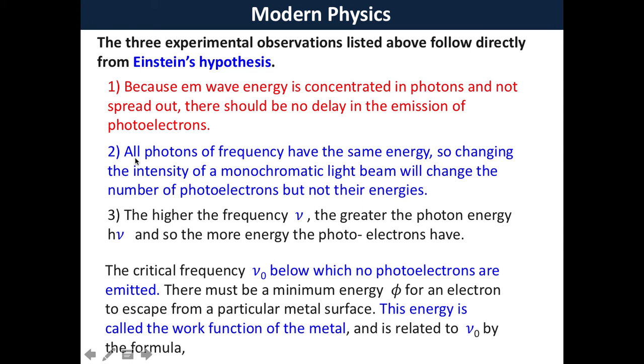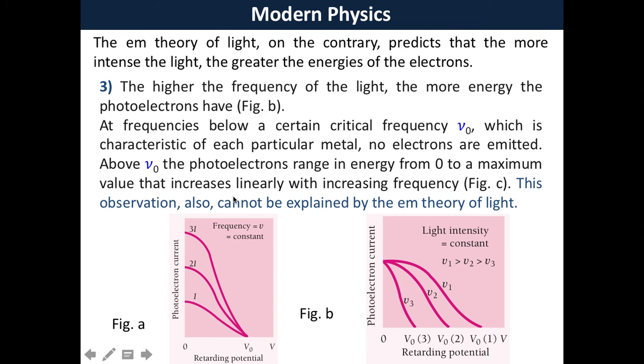Another statement he explained: all photons of a given frequency have the same energy. So changing the intensity of the monochromatic light beam will change the number of photoelectrons but not their energy. That's why the number of photoelectrons changes, and the photoelectron current will change, but the frequency is the same.